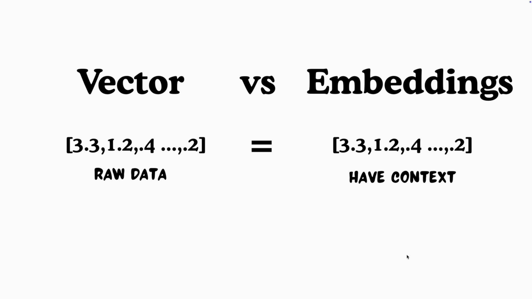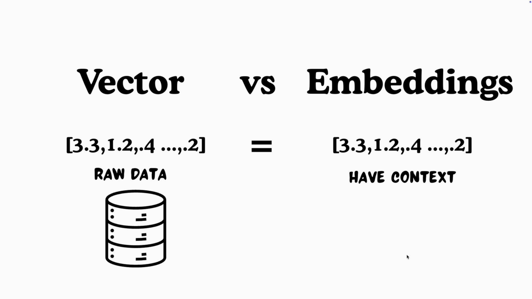So when people say create embeddings, what they really mean is take your data, turn it into a vector, and give it meaning the model can understand. Until this data is inside the database, it's called a vector, and once these numbers are provided to embedding models, they are called embeddings, because embedding models understand what these numbers are about.